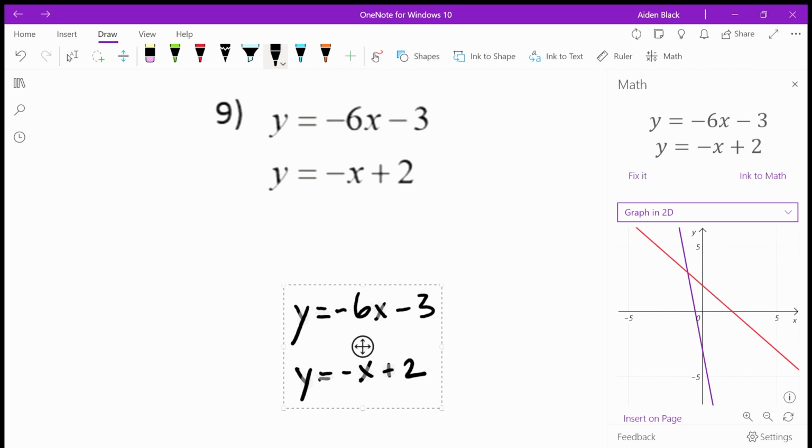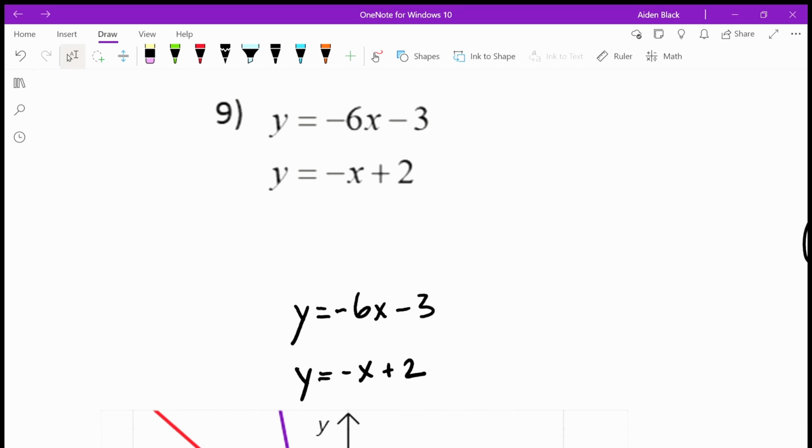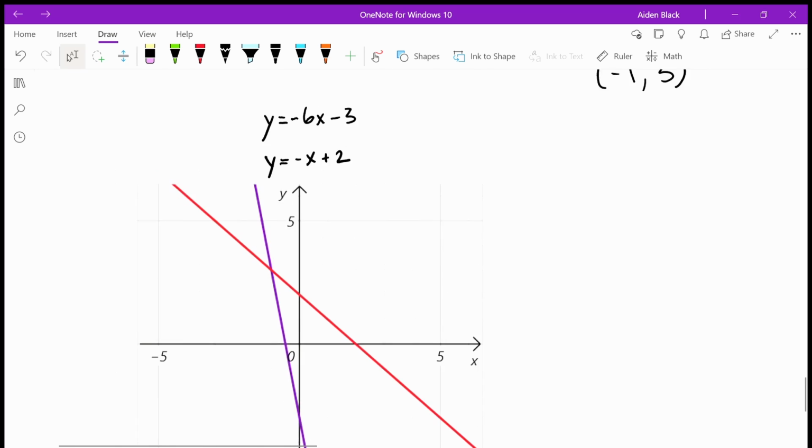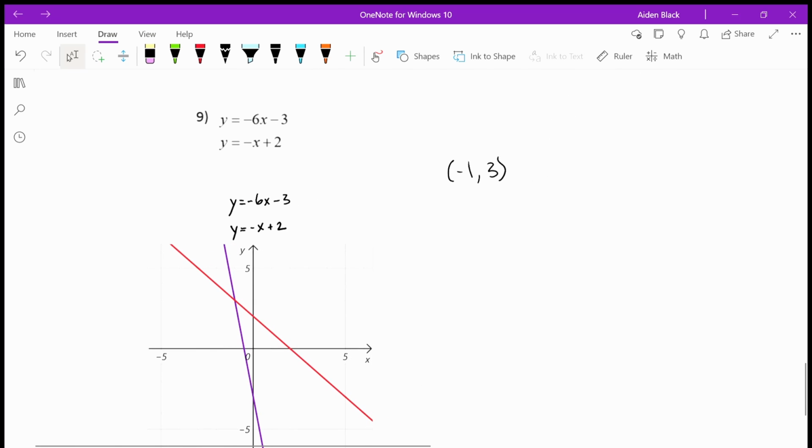Cool. So, these are the two lines, right? These are two equations that make lines. And you'll notice, right, boom, right there. That coordinate is your solution. It's where the two equations, or the two lines, cross over. You have a solution.